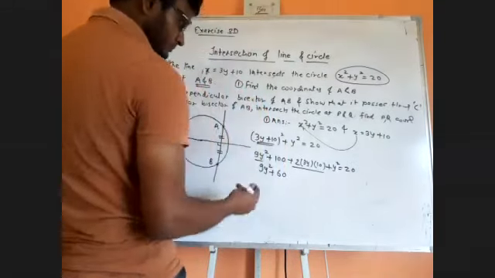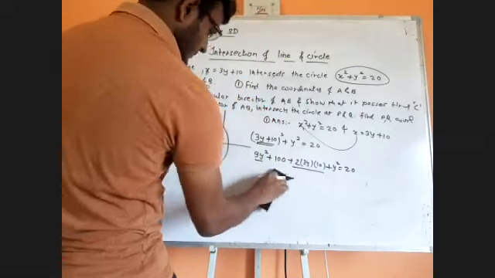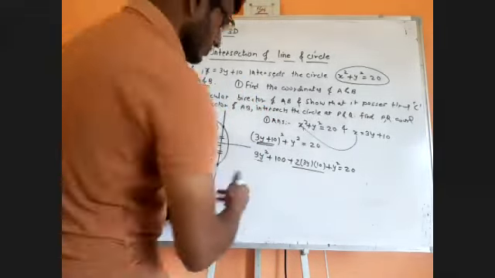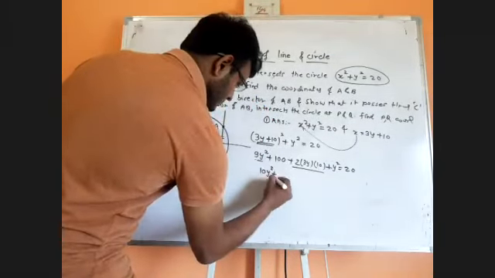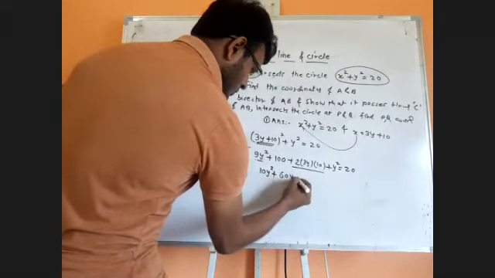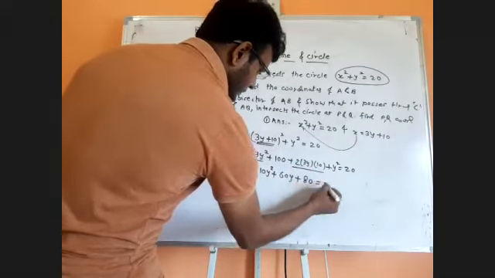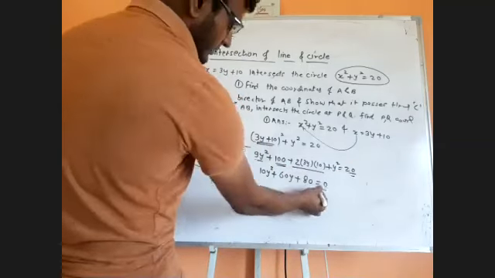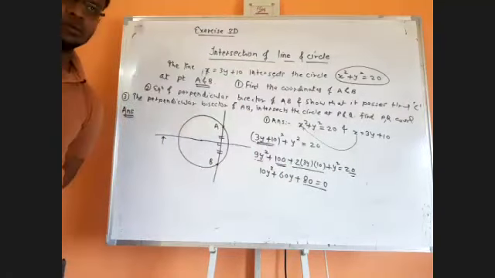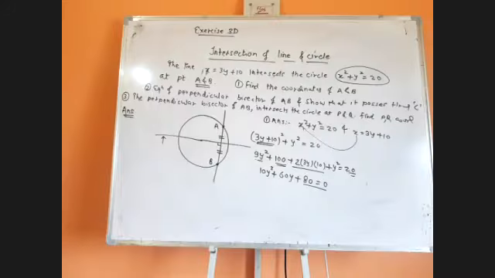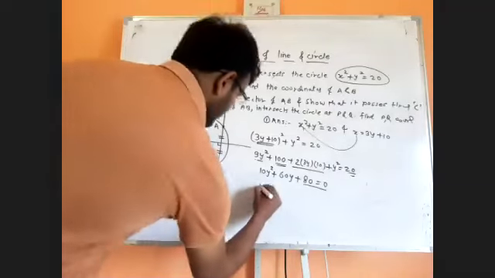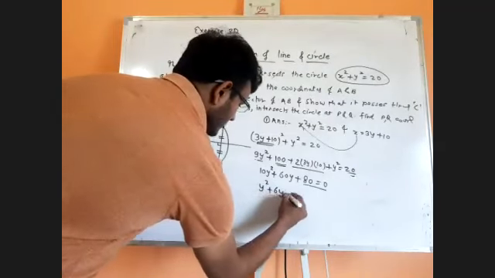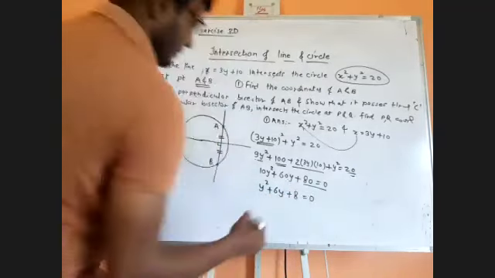So 9y square plus y square will give you 10y square plus 60y plus 80 is equal to 0. Why 80? This is 100, and this 20 will come on the left side and will be subtracted from 100. Clear? Right. So y square plus 6y plus 8 is equal to 0.